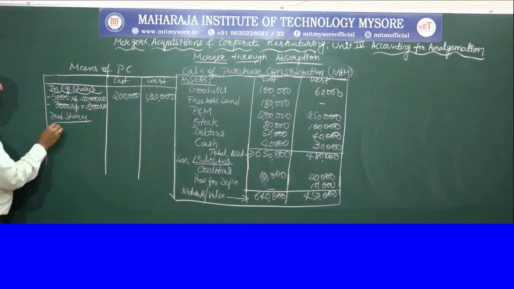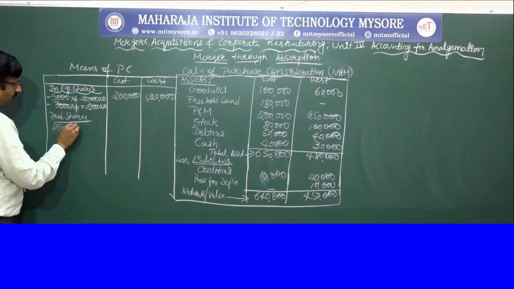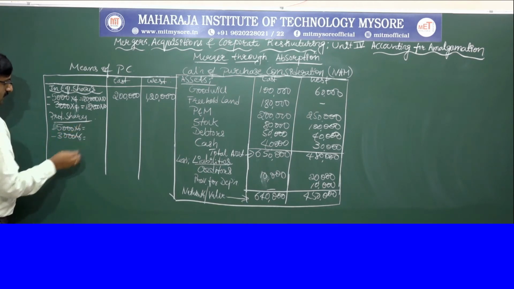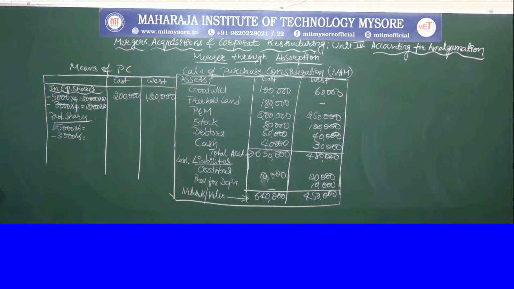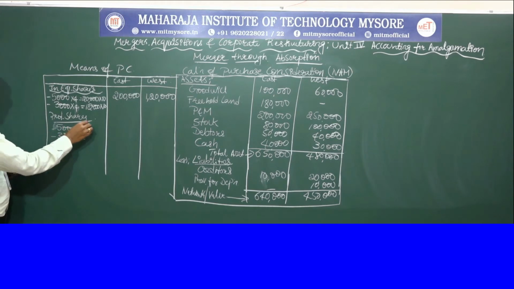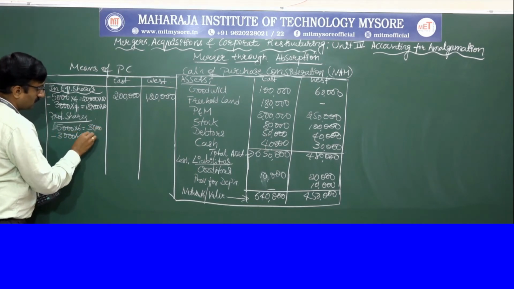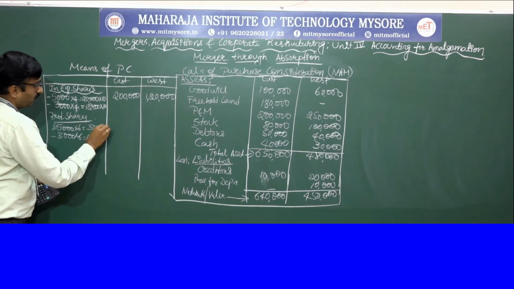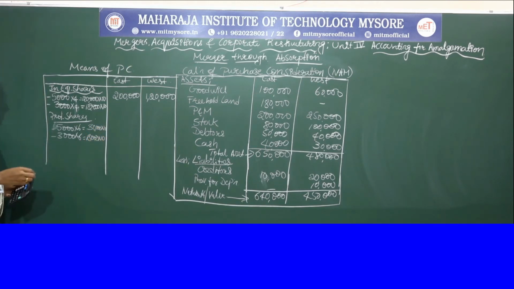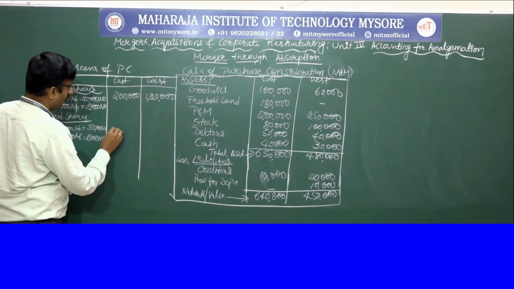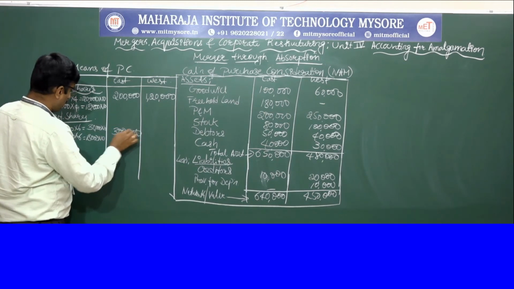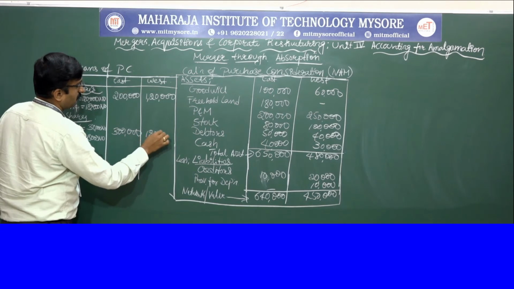So we have 5,000 into 6, then 3,000 into 6. How much will you get here? It is 30,000 and 18,000. Into 10, they only mention in the problem. So 30,000 into 10, you will get 3 lakh here and you will get 1,80,000 here.